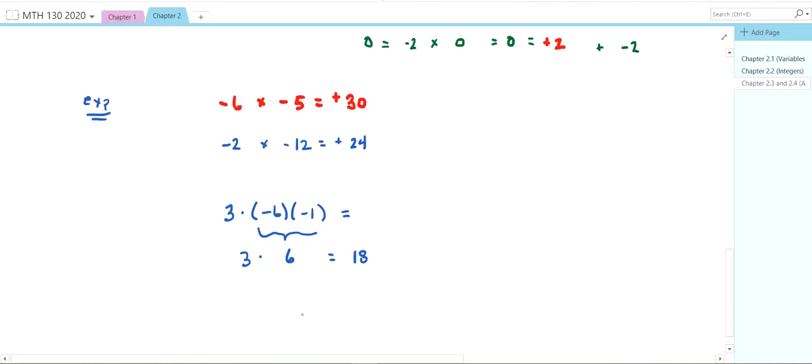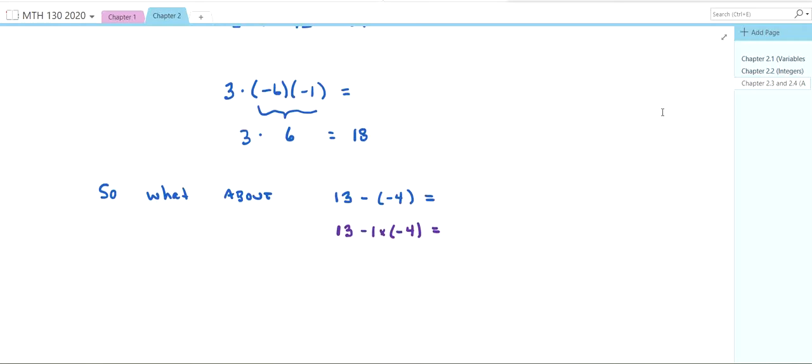Okay, so if we can do that, we can circle back around to the question we asked earlier when we were doing addition. What about 13 minus minus 4? Well, that's the same thing as 13 minus 1 times minus 4.